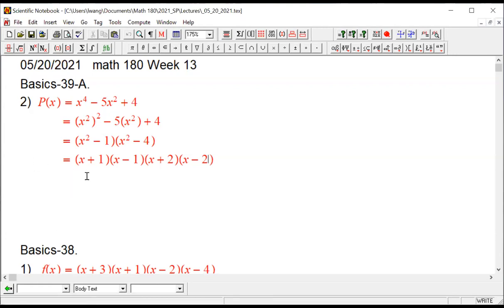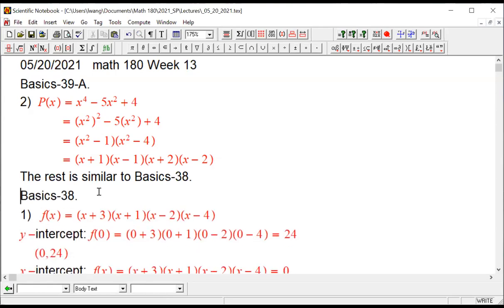Then you can continue to do what we did, and then the rest is similar to basic 38. I'm going to leave these for you guys, because we're going to move forward.